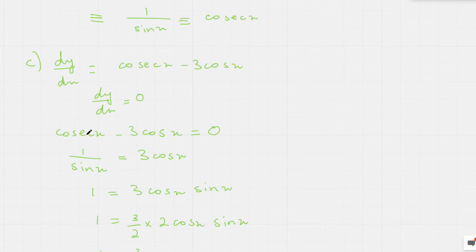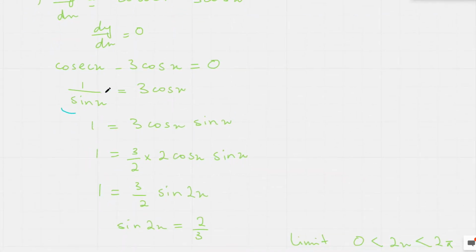Now I write this as 1 over sine x and add 3 cos x on both sides of the equation, so I get 1 over sine x equals 3 cos x. Now I multiplied both sides of the equation by sine x, so I'm left with 1 equals 3 cos x times sine x. Now here again, I'm going to use the identity from part A, but I have to make a few adjustments.